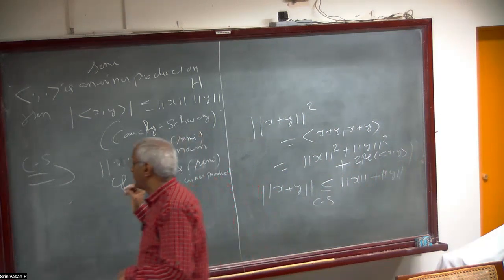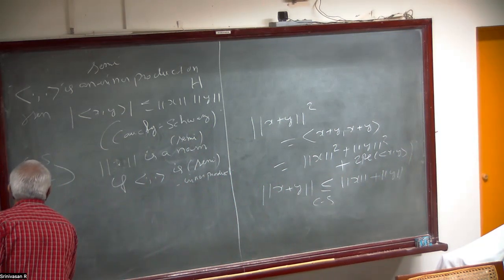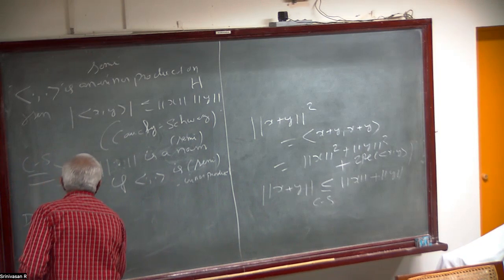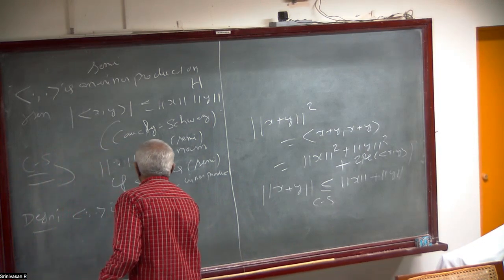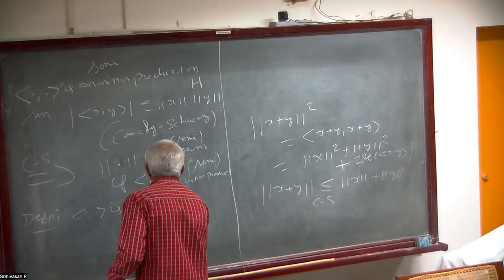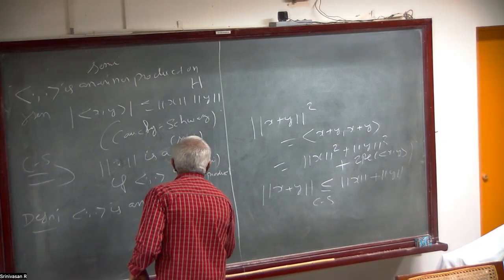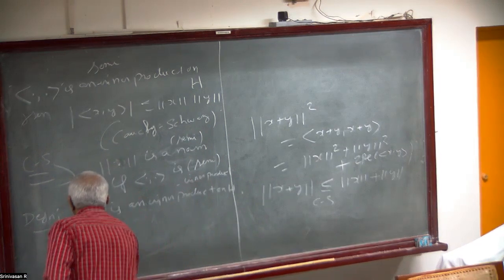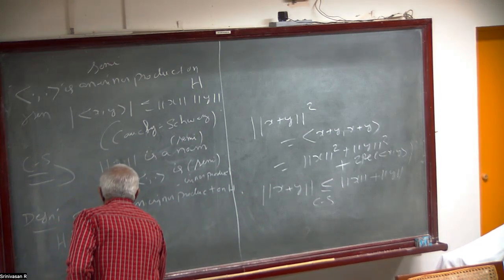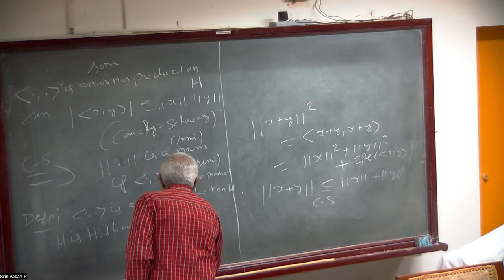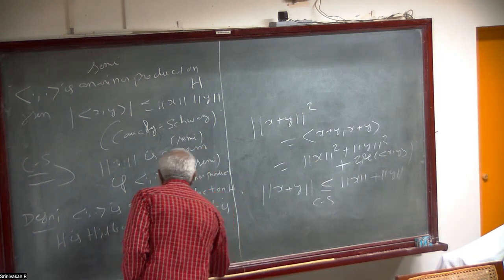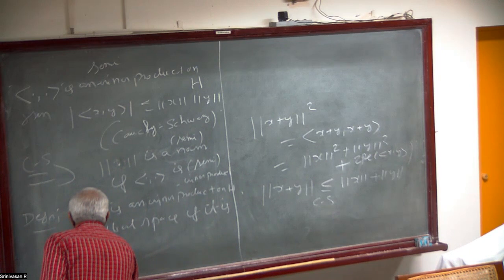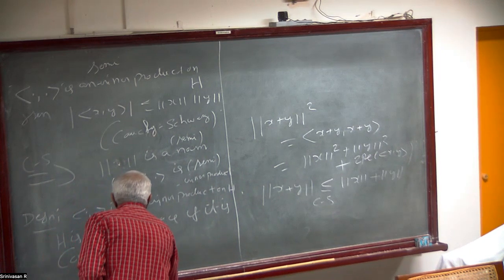And by definition, an inner product space is a Hilbert space if it is complete with respect to the norm.